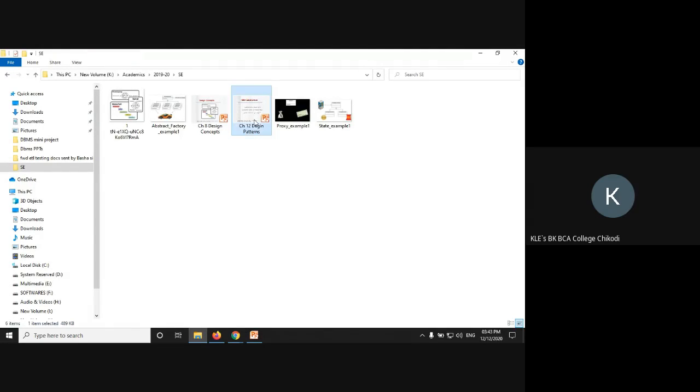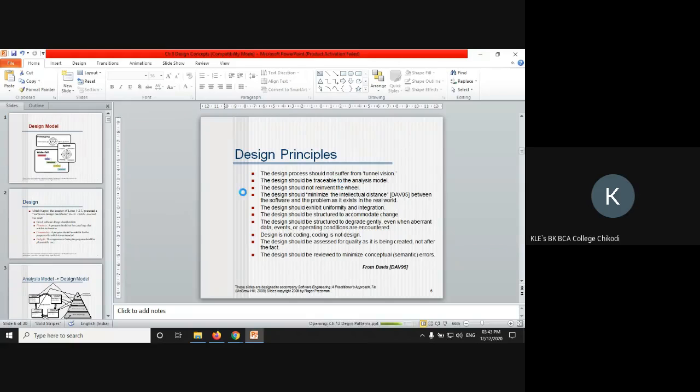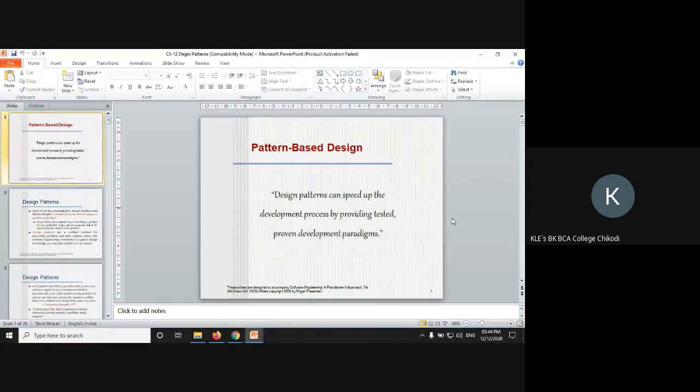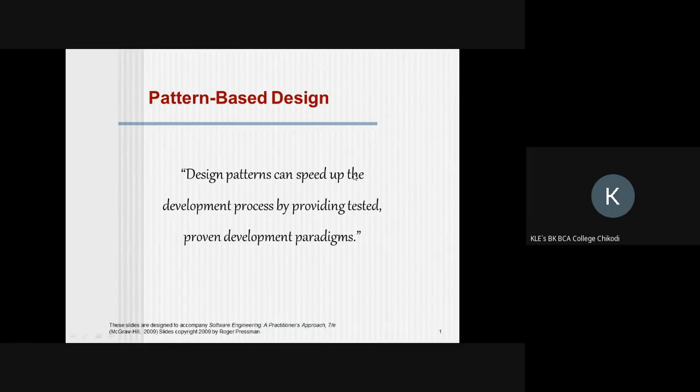Now, design patterns. As I told you, design pattern or pattern-based design. One example I showed you was the monitor and the mouse.